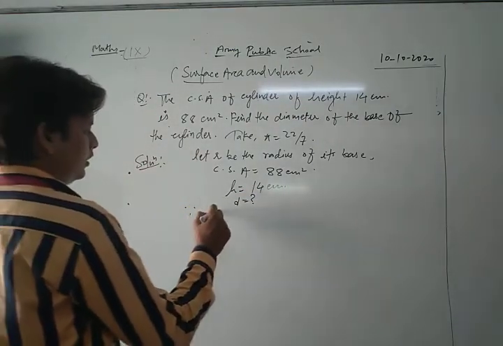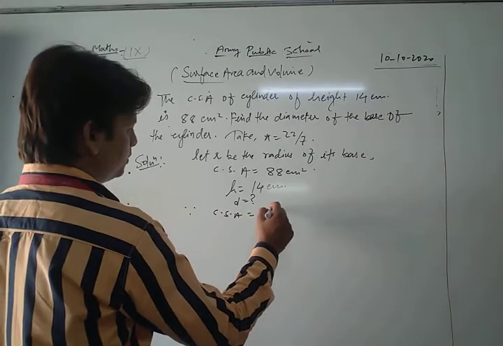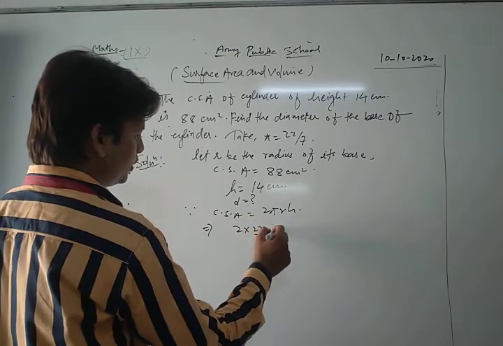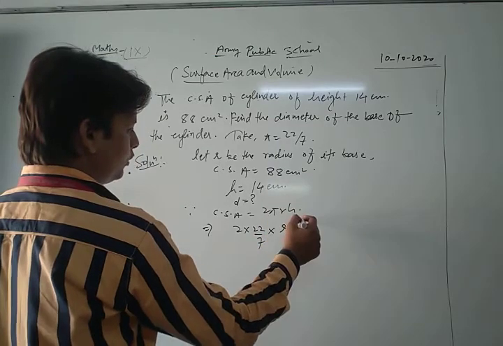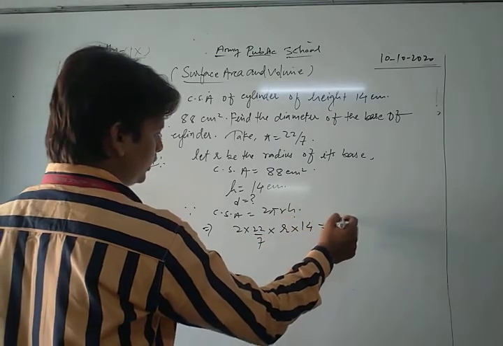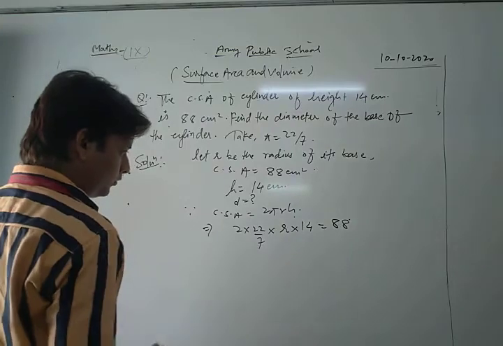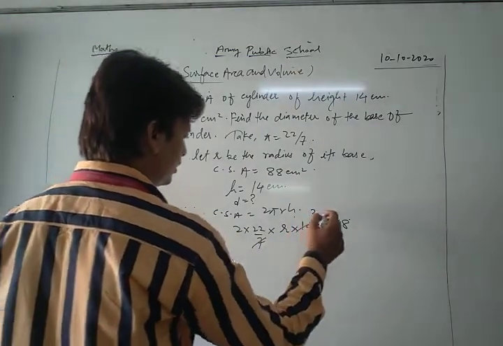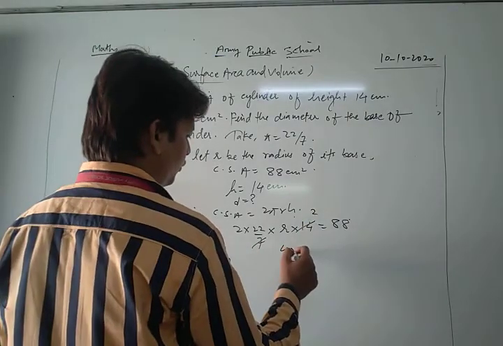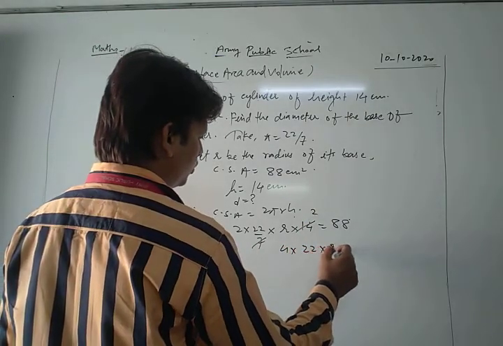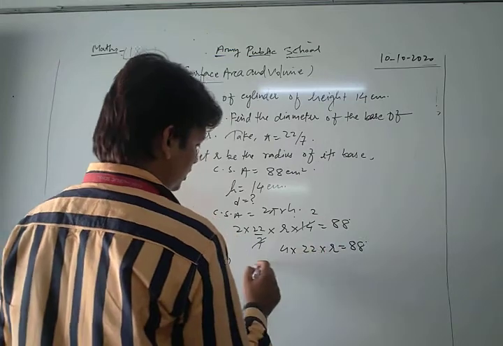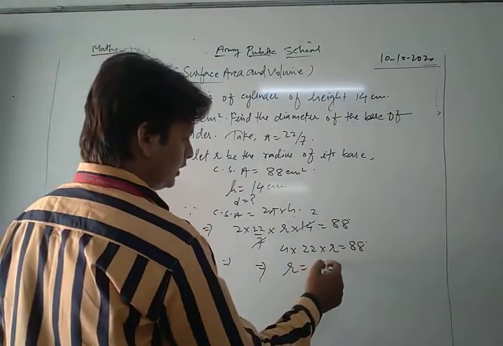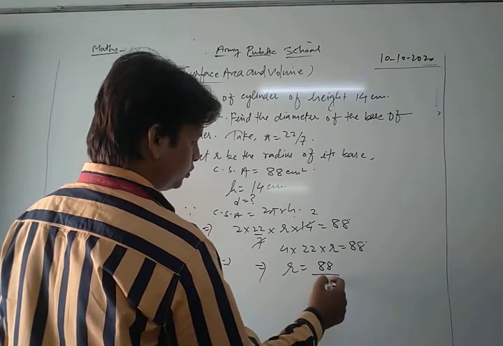Now, since curved surface area is equal to 2 pi rh, that is 2 into 22 upon 7 into r into h, where h is 14, is equal to 88. Now let's see this, friends. Here 7 into 14 is 2, so 2 into 4 into 22 into r is equal to 88. Thus the value of the radius of the base of the cylinder is 88 upon 22 into 4.